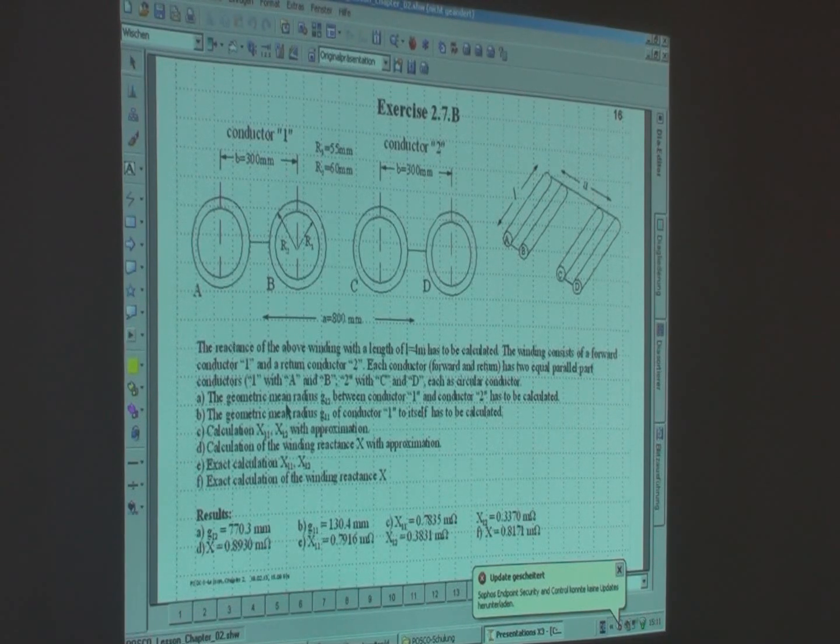So I will input this. We can look at AC is 800 millimeters.